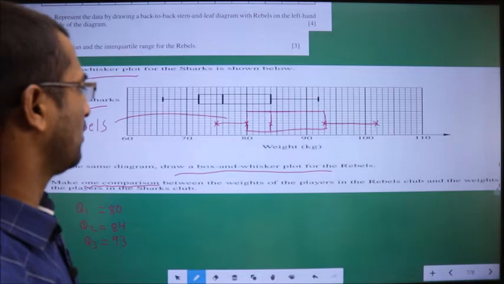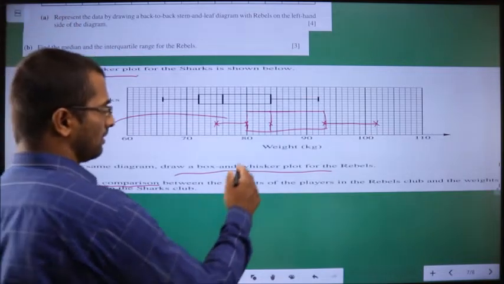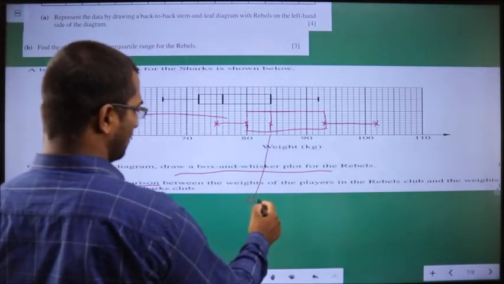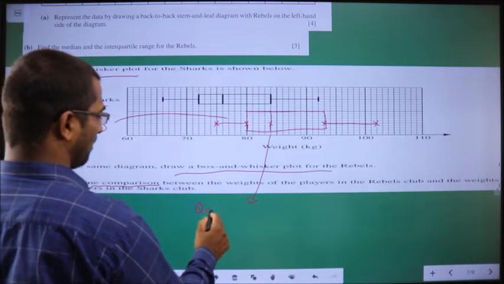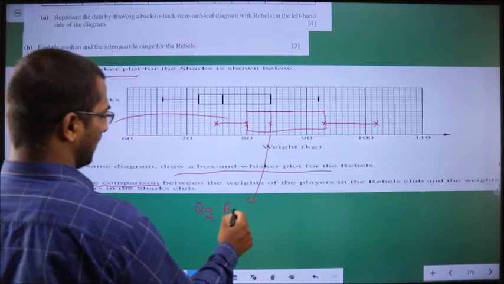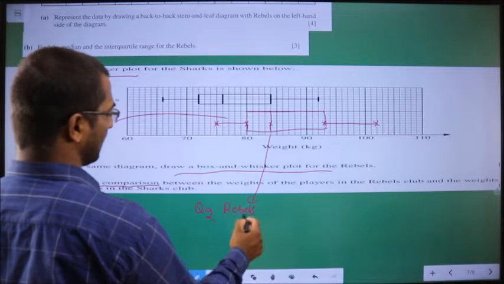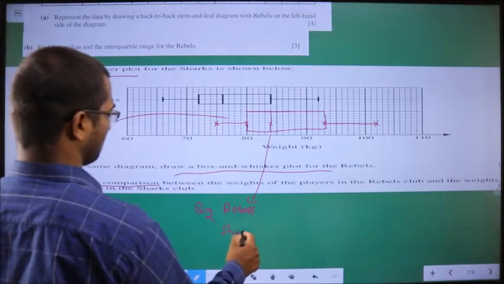What I can conclude is, one conclusion is Q2 or median for the Rebels is higher than Sharks.